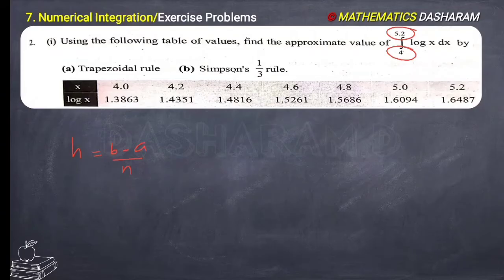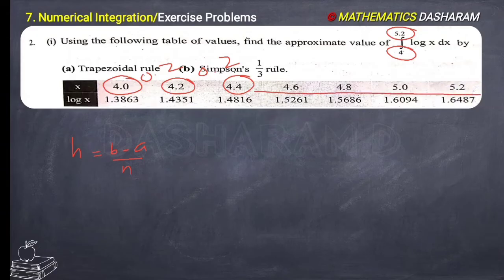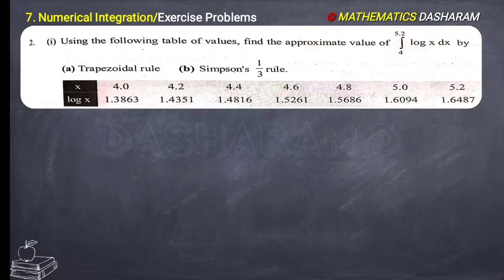We don't have an n value, so observe the x values 4.0, 4.2. How much is it increased? 0.2. 4.2 to 4.4, how much is it increased? 0.2. If you continue with the remaining values, it is very clear every value is increasing by 0.2 from its previous value. So we can take 0.2 as the h value.